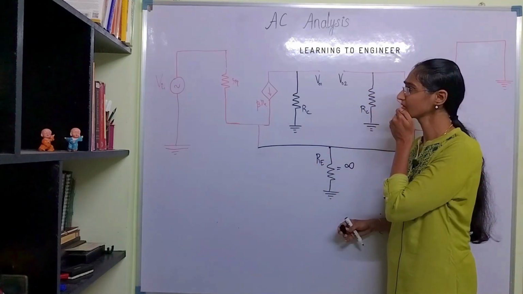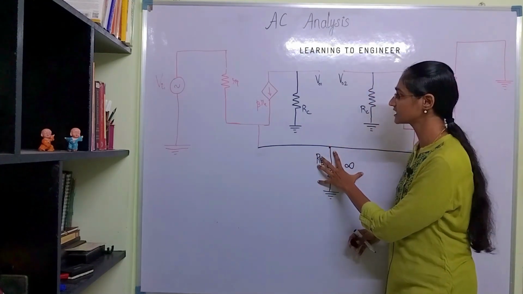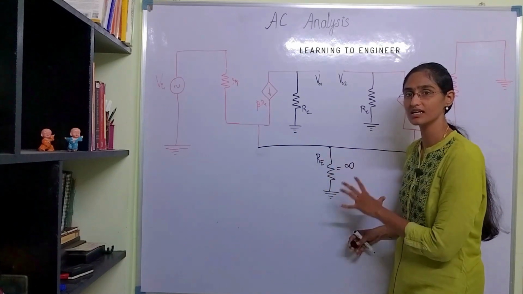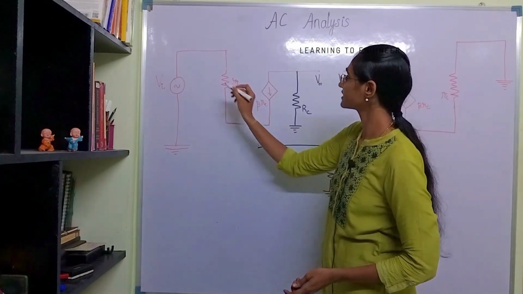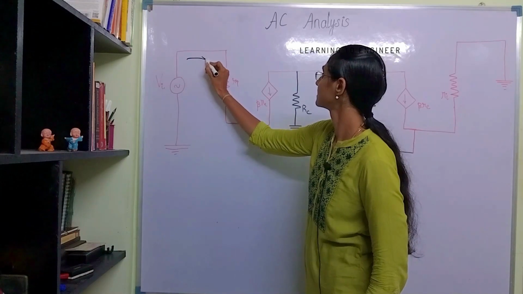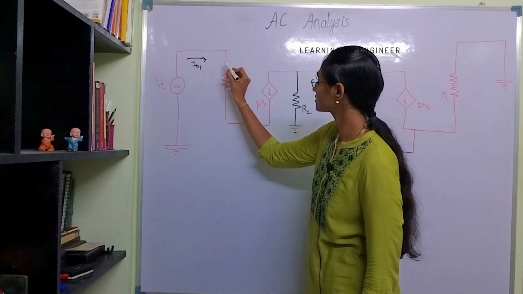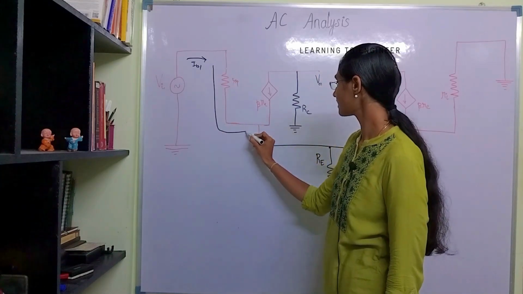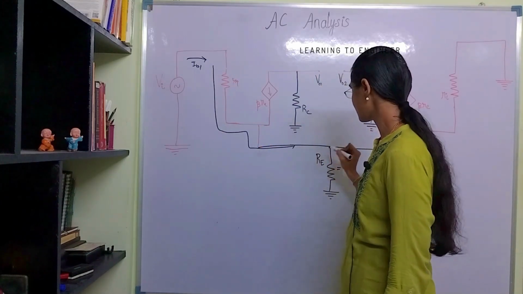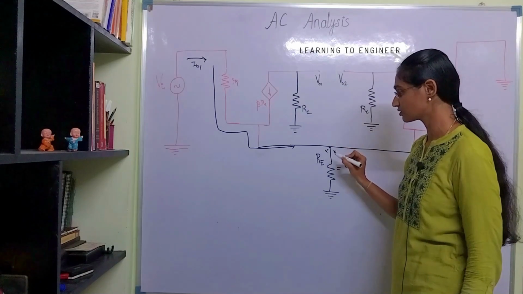So, when this part is an insulator and we are considering an ideal circuit, we establish a current path like this. Imagine that IB1 flows here, flows through Ri1, and since this is an insulator, no current flows through this.